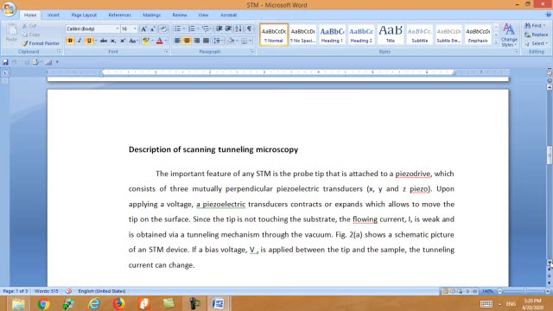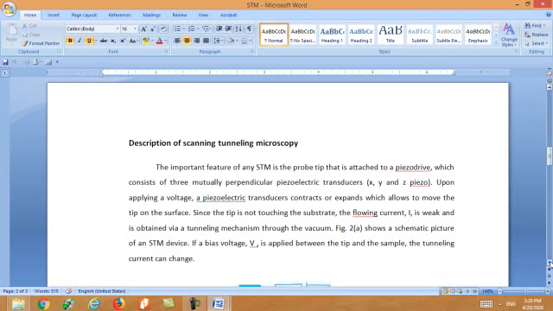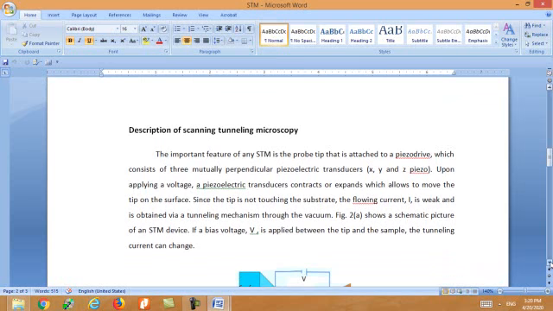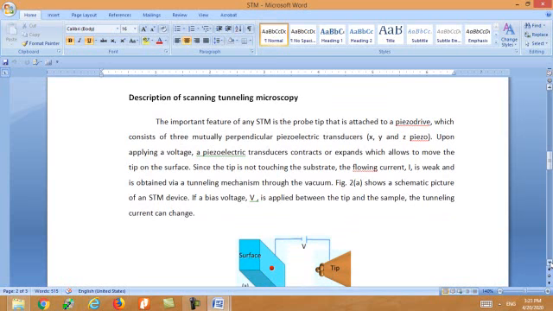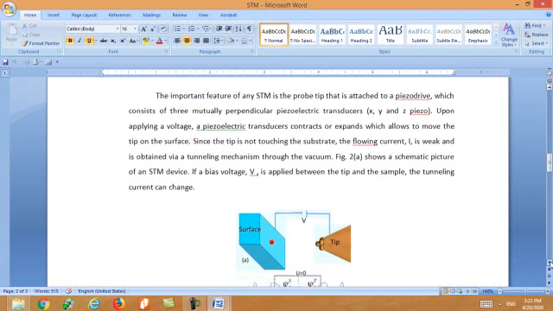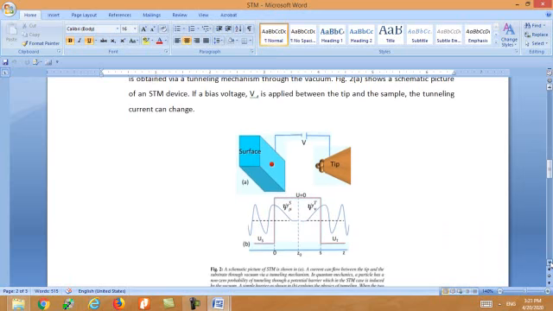Figure 2 shows a schematic picture of the STM device. If a voltage V is applied between the tip and the sample, then the current can change. The figure also shows the tip on the sample surface.